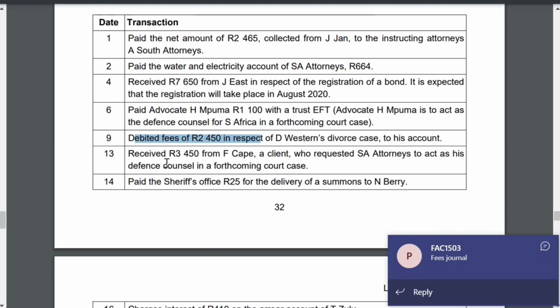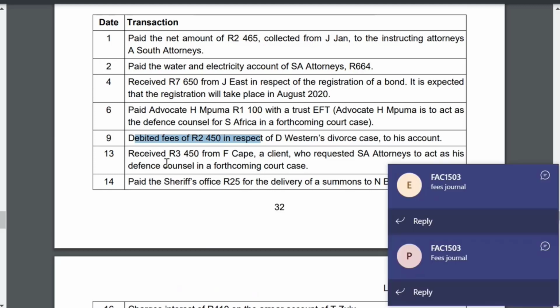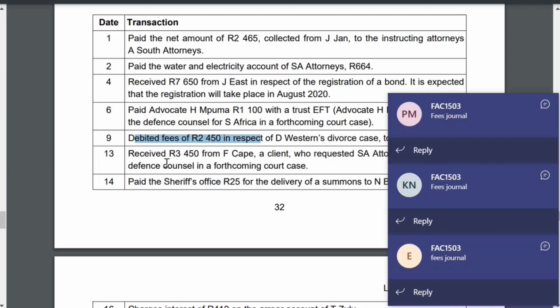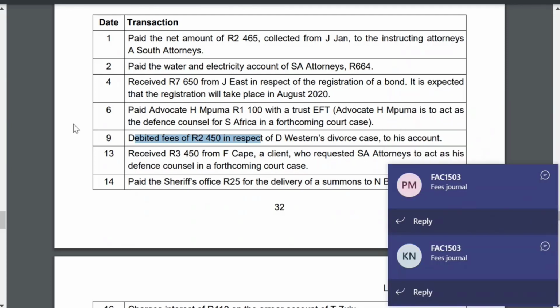This is fees that is charged to D Western. So Pali is saying fees journal. Elisha is saying fees journal. Karabo is saying fees journal. And Palisa is saying fees journal.